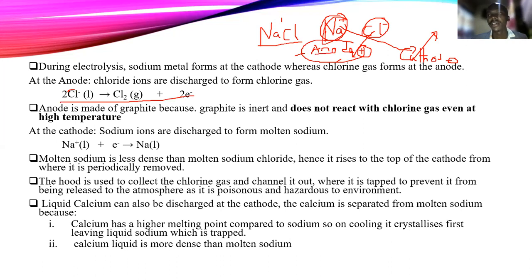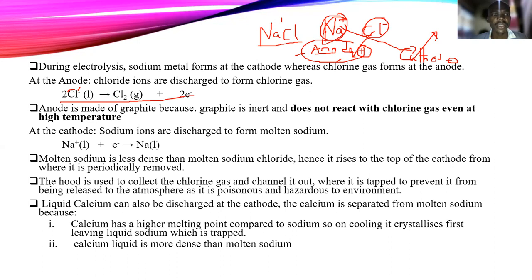And we said in electrolysis, I think if you did the electrolysis, we define the anode as where the oxidation takes place. So we realize that this ion, which is discharged here, is in liquid form because of that heat. The temperature in the Downs cell makes it be in liquid form.